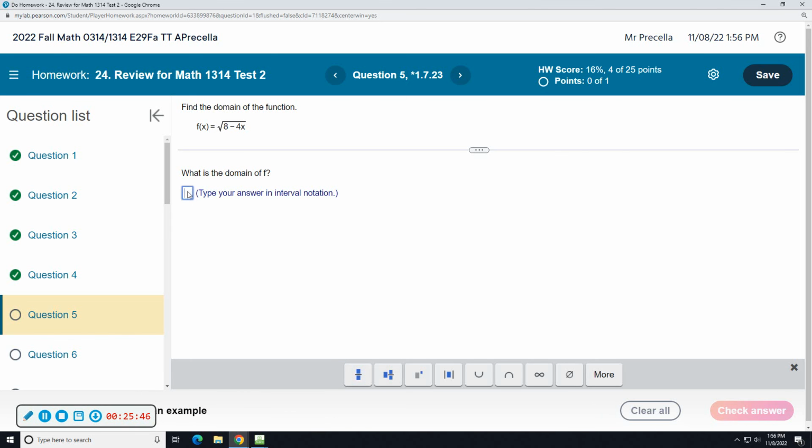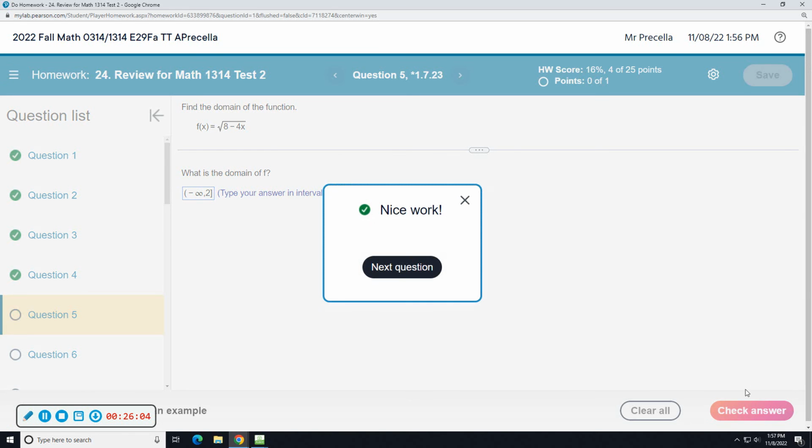That's the domain we're looking for. Parentheses, negative infinity, comma 2. And remember, the bracket comes from the keyboard. It's not down here in the toolbar. Bracket, check answer. And any questions there?